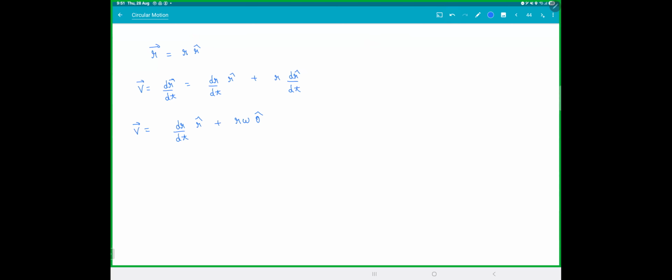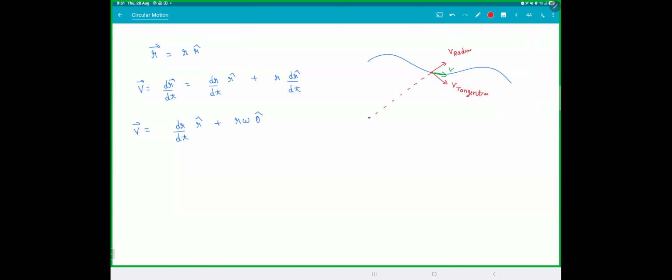If you actually think about it, kind of makes sense. That means when a particle is going in some random curve, the velocity has two components. One is your radial velocity, one is your tangential velocity. That will be the resultant of this thing, isn't it?